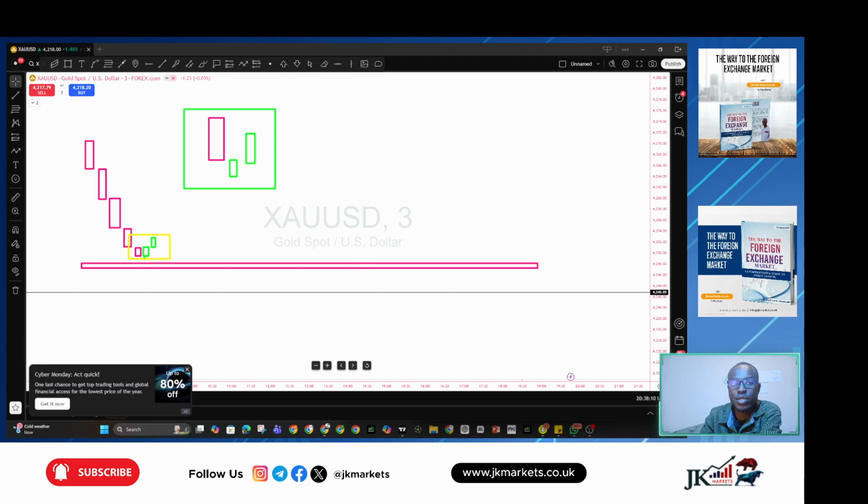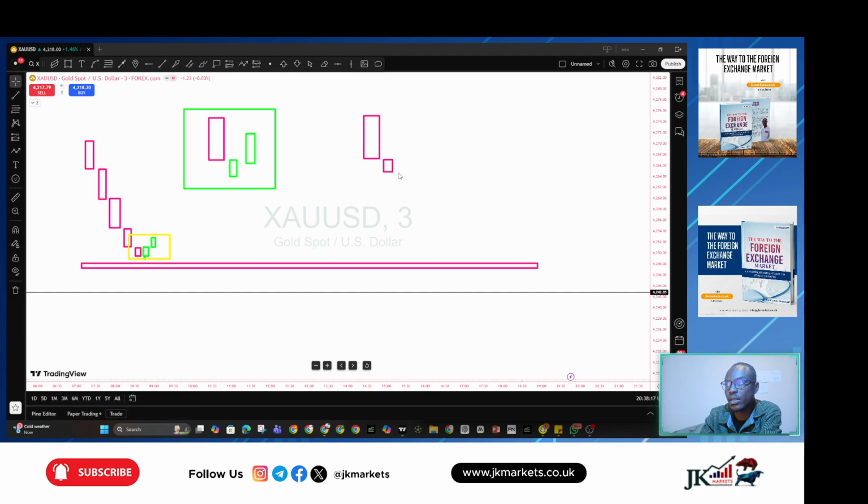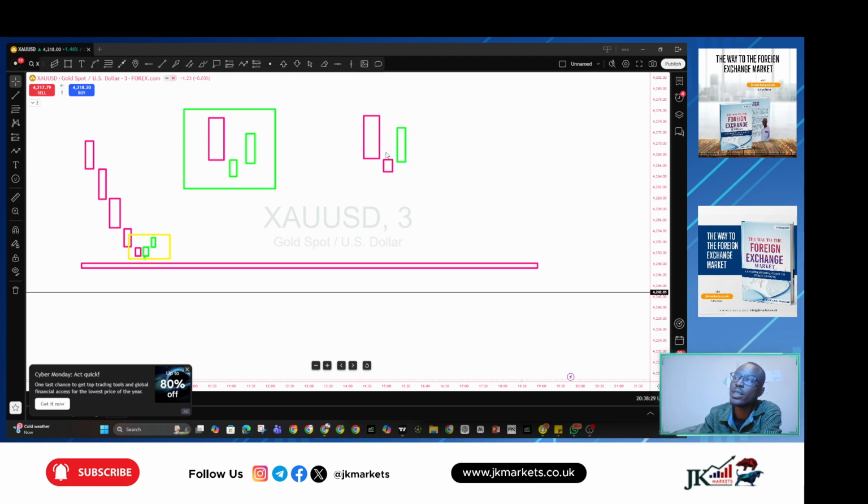So it can also be this way. A red candle, a small red candle, and then a candle like this. This is also a morning star.